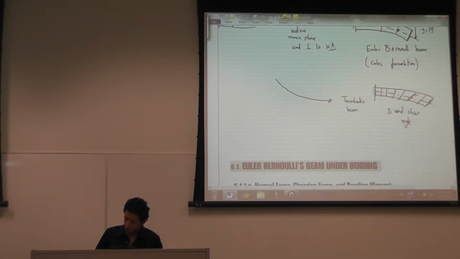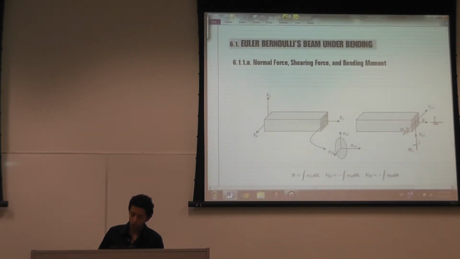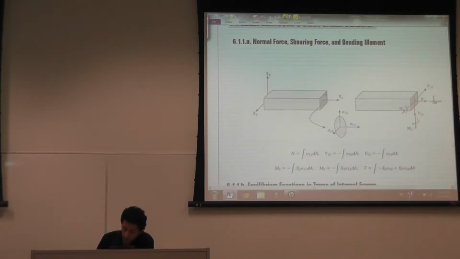And so to be able to do the beam, the first thing you do is, instead of looking at stresses at a point, you look at the stress on cross sections. So you integrate the stresses over your whole cross section, and you get a normal force, which is the integral of sigma 11. You get a shear force, which is the integral of negative sigma 12 over the whole cross-sectional area.